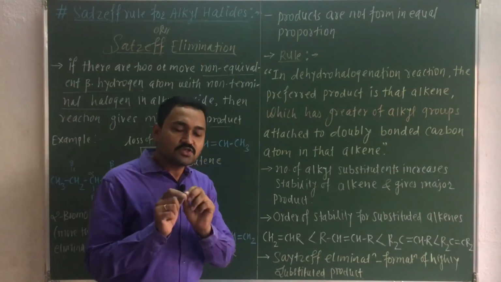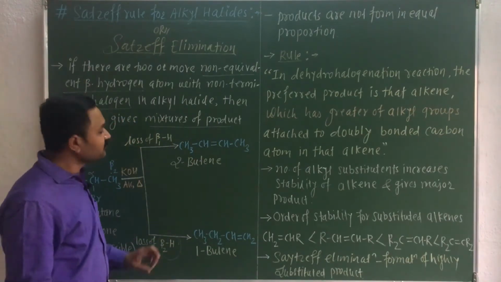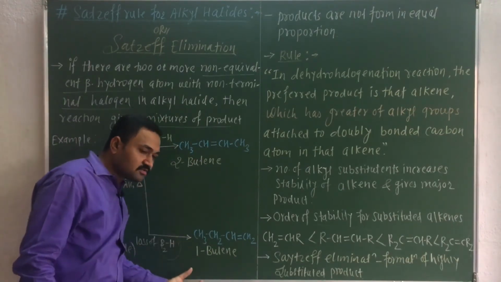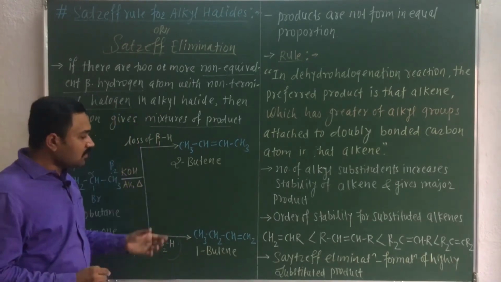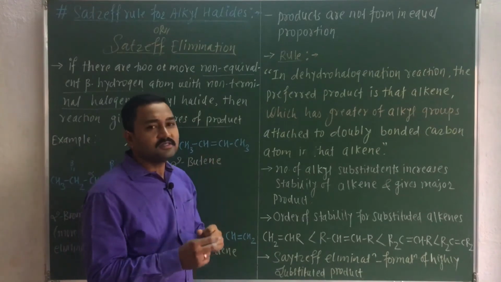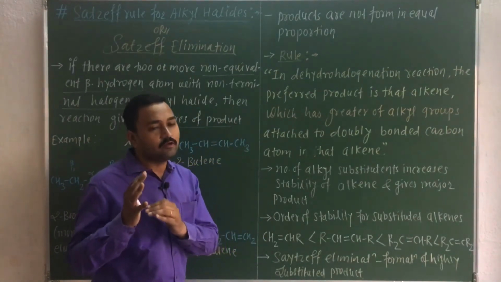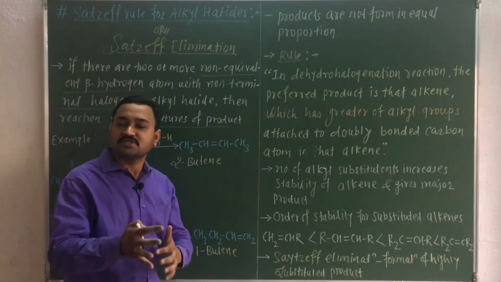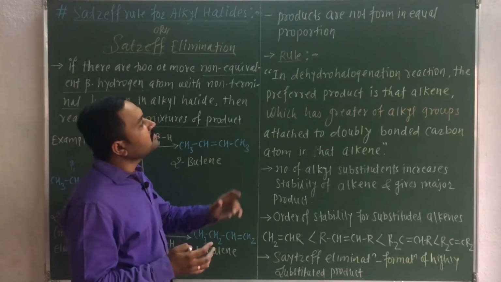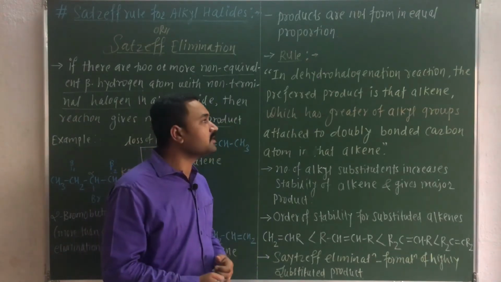These two products do not form in equal proportion. It is not 50% each. Saytzeff studied many dehydrohalogenation and elimination reactions, and he gave one rule. Now what is the statement of that rule?